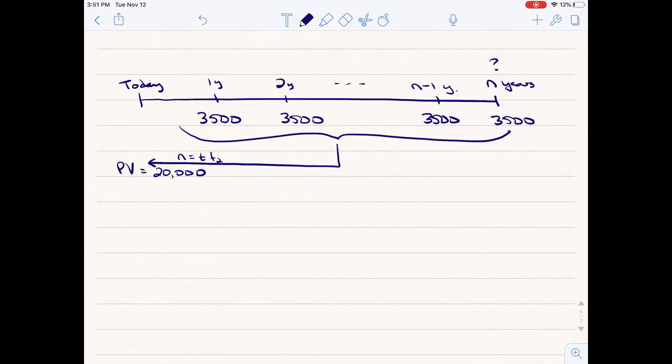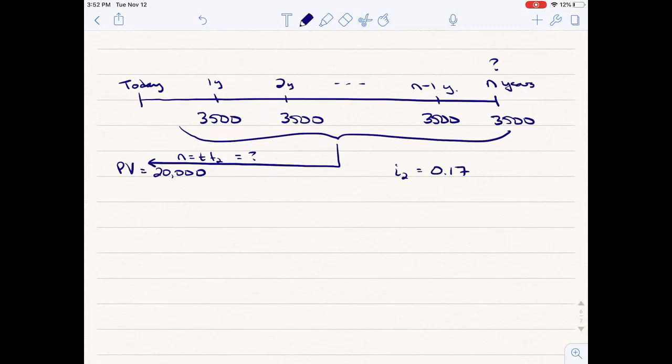We don't know time, but we know F2. I'm going to put a question mark here for now. We're solving for N, so we don't know what it is, but we should still have it on our timeline because that's where we highlight everything that we're trying to solve for. And then we've got I2 is 0.17. So that's our complete timeline.